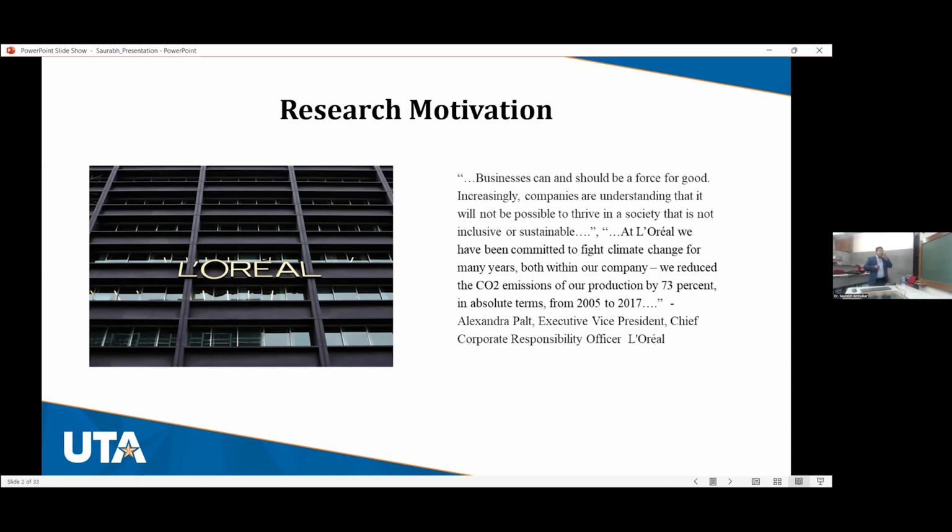Here's an example of what L'Oreal's executive vice president and chief corporate responsibility officer is saying, that we're very much focused on reducing our CO2 emissions, and they've reduced it from their production by 73% from 2005 to 2017.